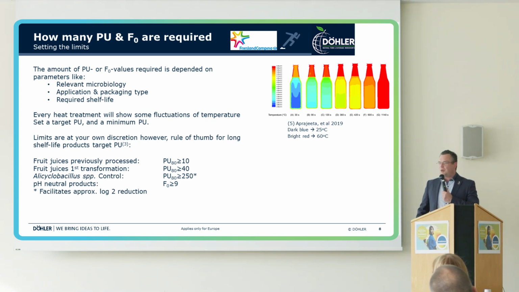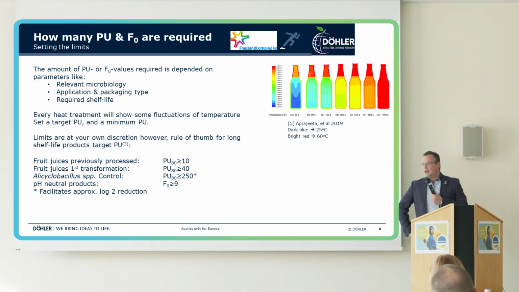And if you want to control Bacillus, then you need at least a heat treatment equal to 250 minutes at 80 degrees Celsius, and this will only result in approximately a log 2 reduction. That's how strong the resistance is. Of course, and I mean that in general, it is important that you have a homogeneous development and distribution of the temperature in the product.